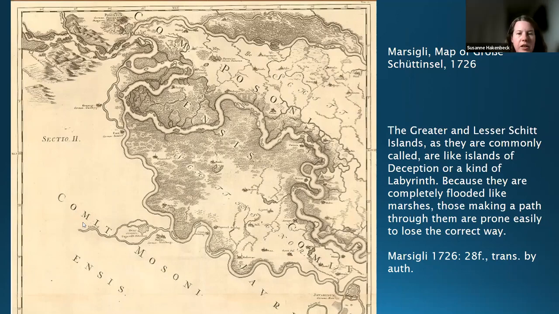He says, the greater and lesser Schütt islands, so you can see the islands being formed by arms of the river, as they are commonly called, are like islands of deception or a kind of labyrinth, because they are completely flooded like marshes. Those making a path through them are prone easily to lose the correct way.